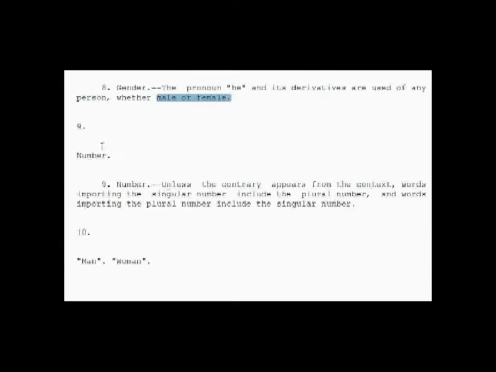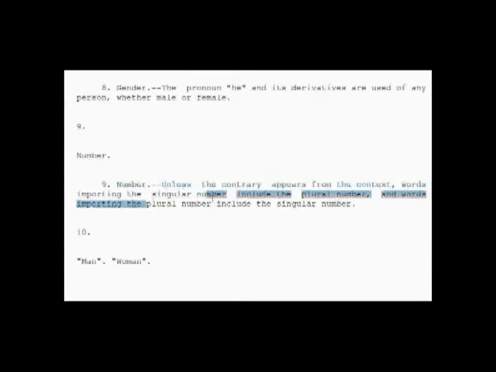Section 8 talks about "he" and its derivatives, which we have seen many times in other provisions. The word "he" and its derivatives also include male and female. Section 9 talks about numbers.